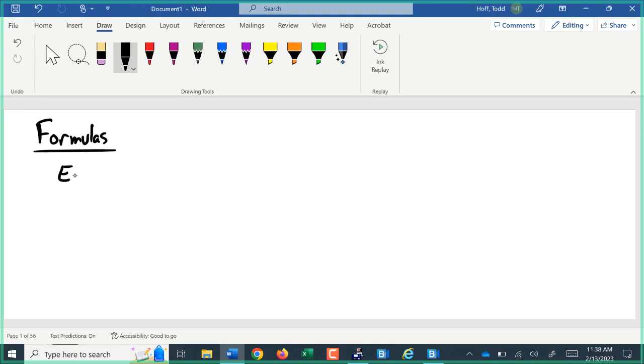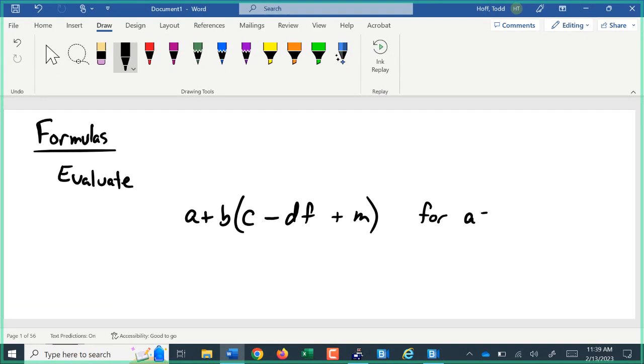So if we were asked to evaluate a plus b times c minus d f plus m for a equals 3, b equals 4, d equals negative 5, f equals 2, and m equals 9.